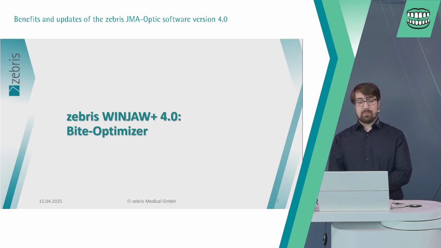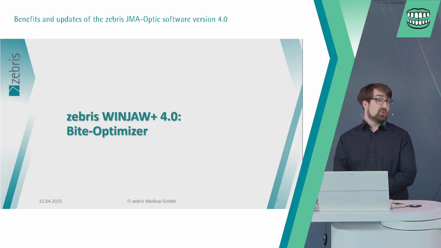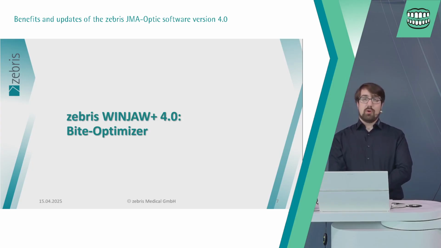Our bite optimizer. A huge problem in digital dentistry is that when we make an IO scan, that's the vestibular scan on the side, and it is not perfectly done, we have intersections in our scan.